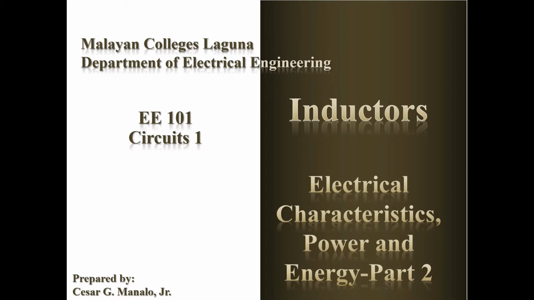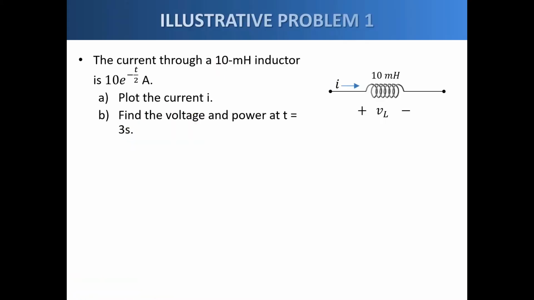In this video, we show several examples of inductor behavior. In this first example, we have a 10 millihenry inductor, and current is flowing through that inductor given by this equation. Take note that this current starts at t equals 0.